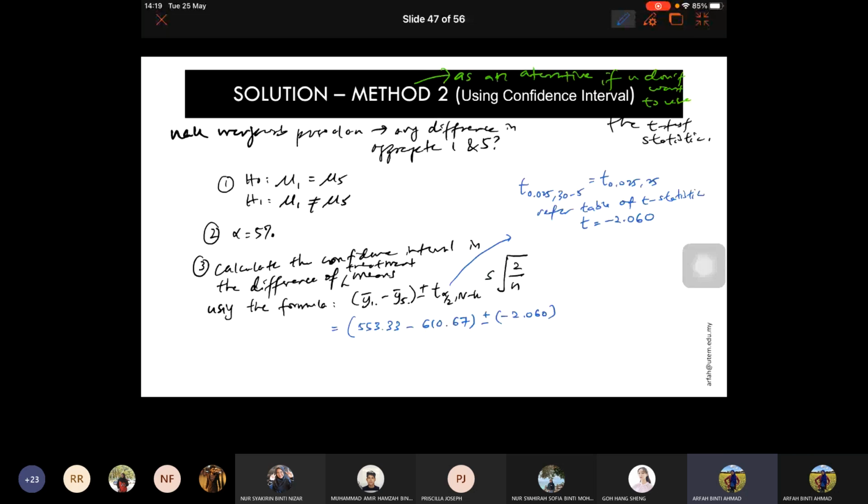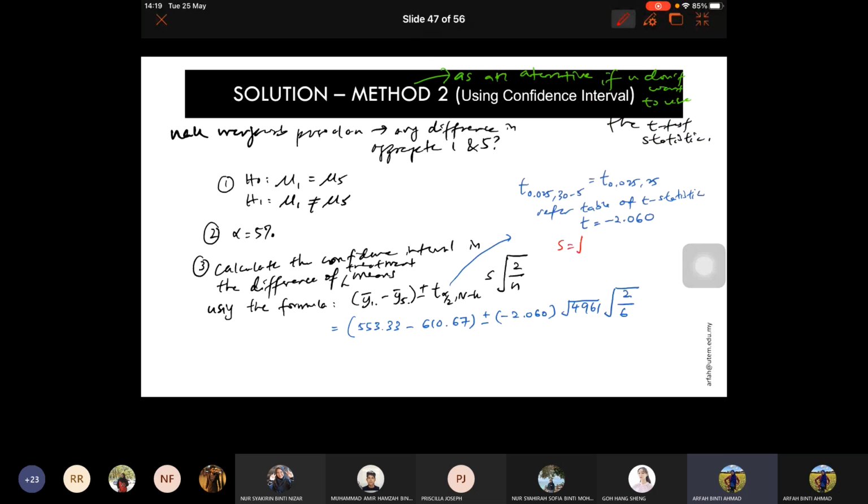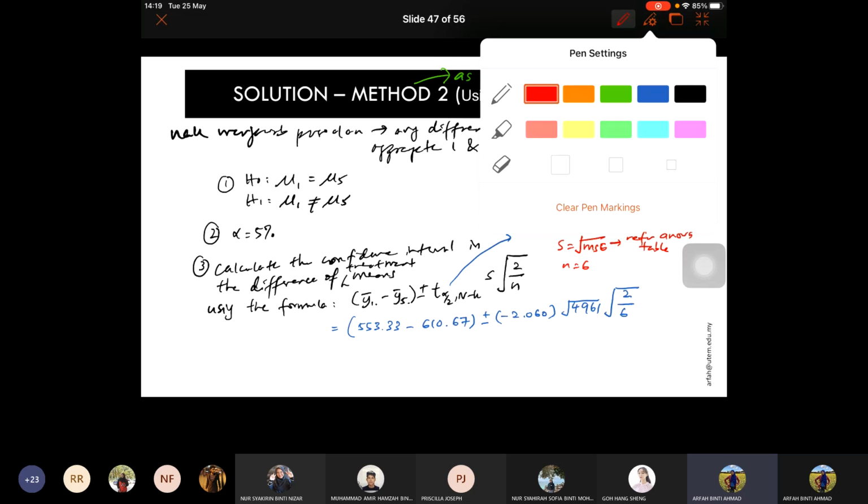S sama dengan square root MSE. That is square root 4961, square root 2 per n, n sama dengan 6. Okay. We have all this information. S sama dengan square root of MSE, n sama dengan 6. Yang ini refer Anova Table. So masukkan dekat dalam formula ni.